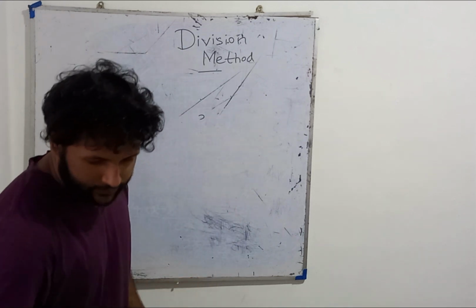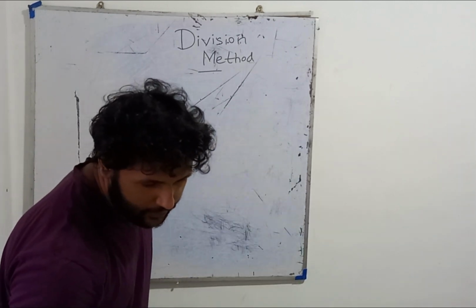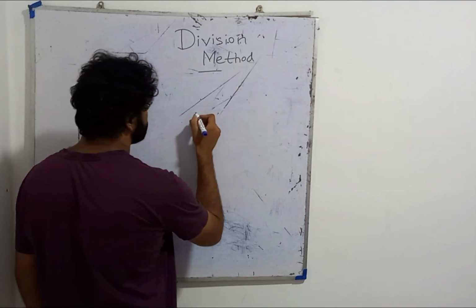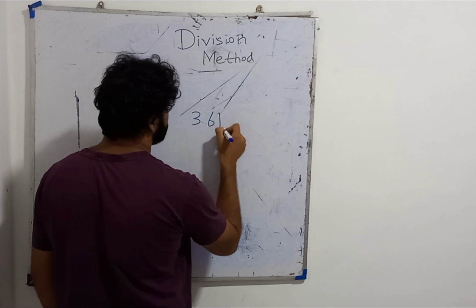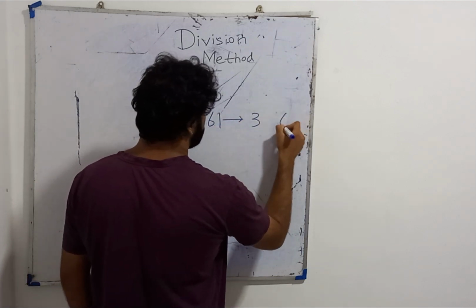Look at page number 19 of your textbook. For 3.61, we separate 3 and then 61.